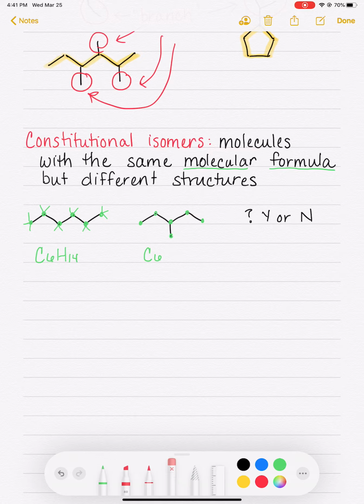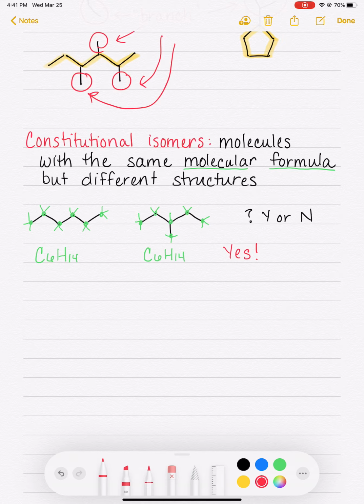Now let's look at our next one. 1, 2, 3, 4, 5, 6, 7, 8, 9, 10, 11, 12, 13, 14. C6H14. They both have the same molecular formula, but they have different structures. So yes, they are constitutional isomers.